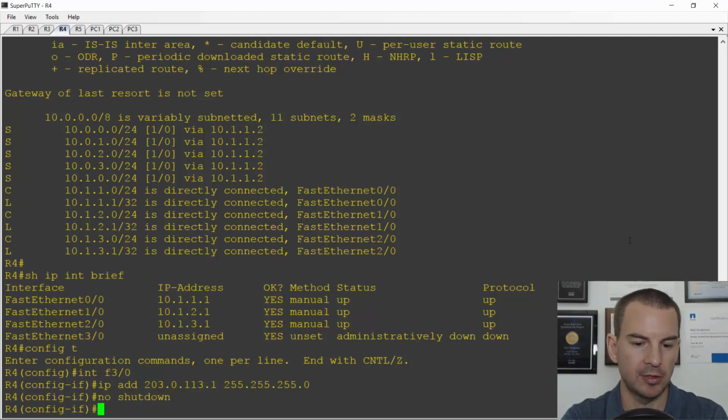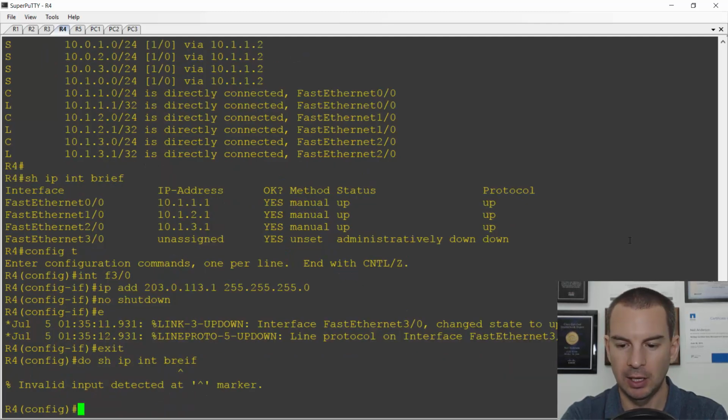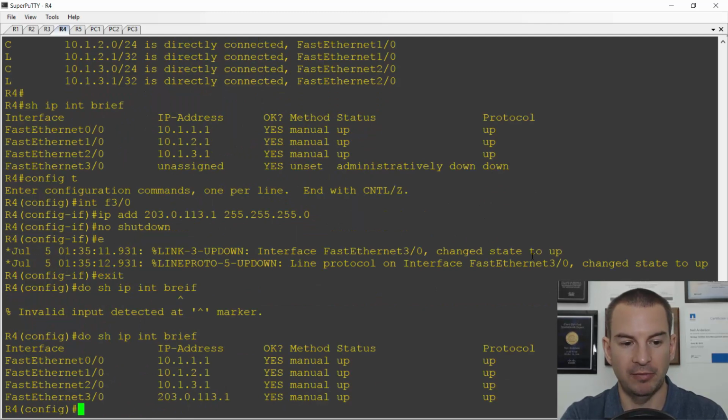Okay, so that is our interface configured. Let's just check that it's come up. So we'll do a do show IP interface brief again. And there we can see that Fast Ethernet 3/0 is up. So that's good. Next thing to do is to add a route going out to the internet.